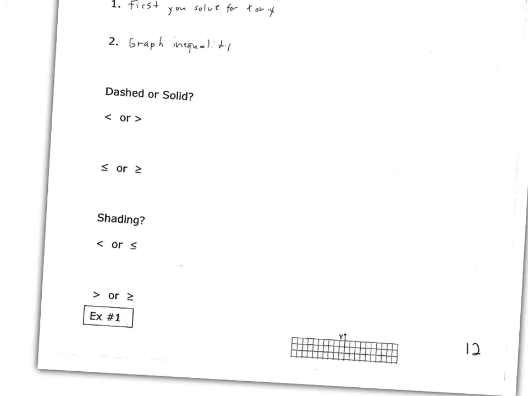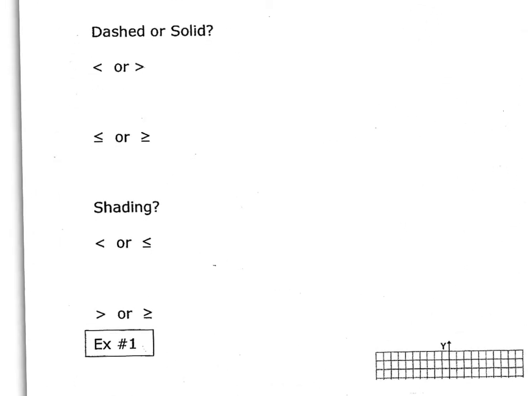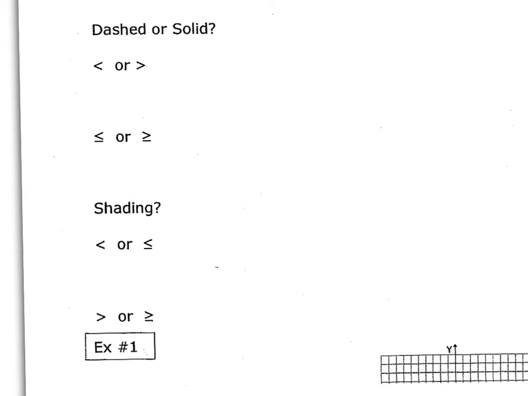There are two things you need to think about when graphing an inequality. The first is whether you're going to have a dashed or solid line, and then you need to decide where you're going to shade the picture. The reason you have to shade is that an inequality represents many solutions.